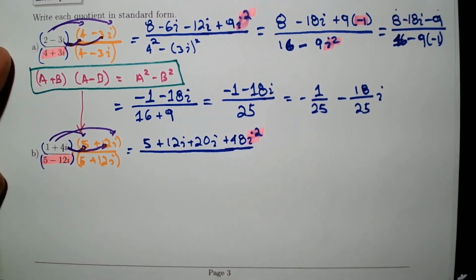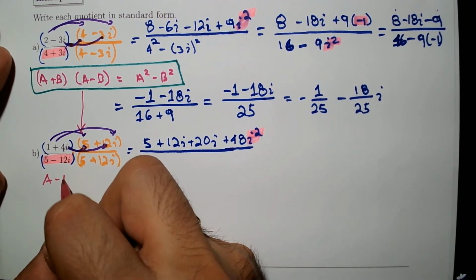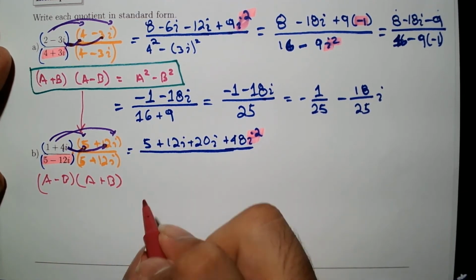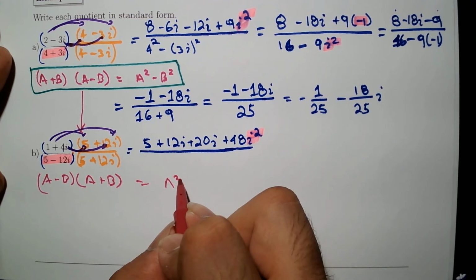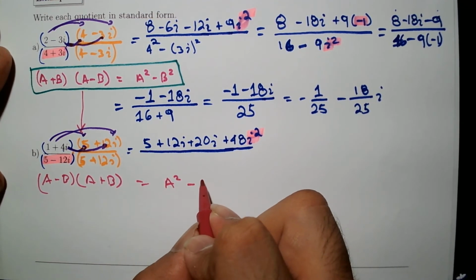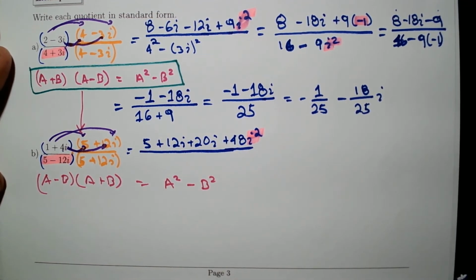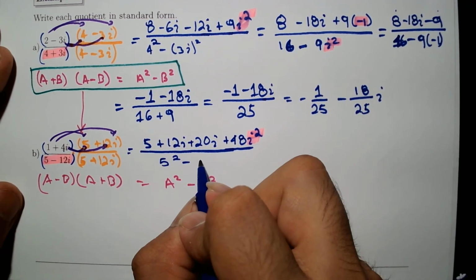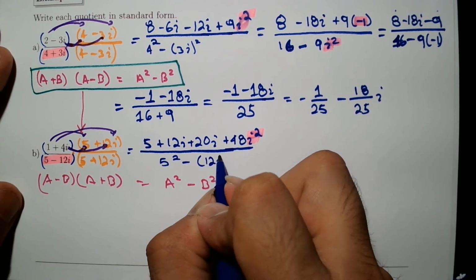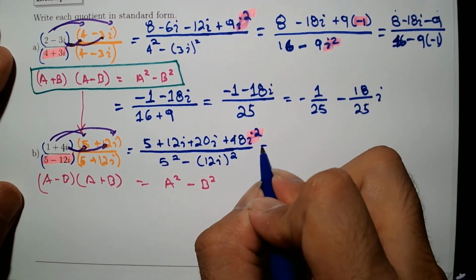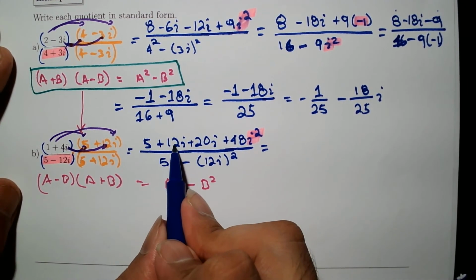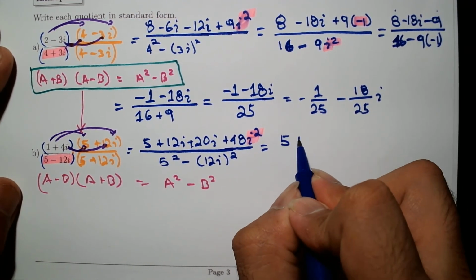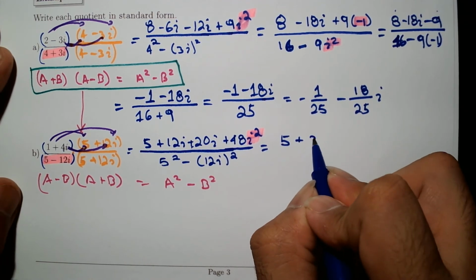Let's use the a plus b, a minus b formula: a squared minus b squared. So 5 squared minus 12i squared. First let's combine these two: 12i plus 20i, that's 32i.